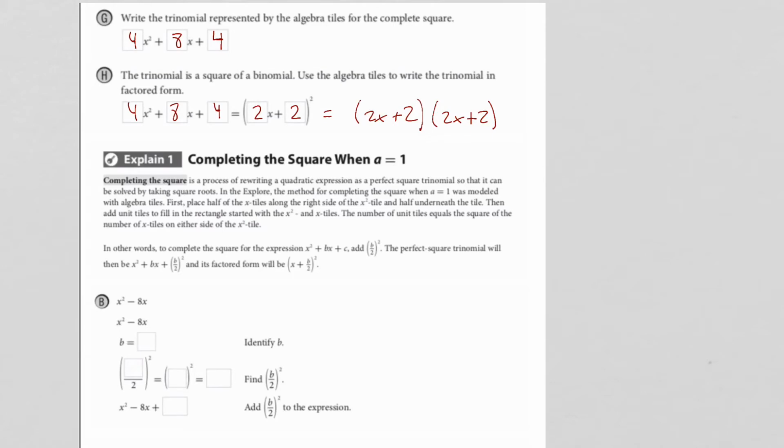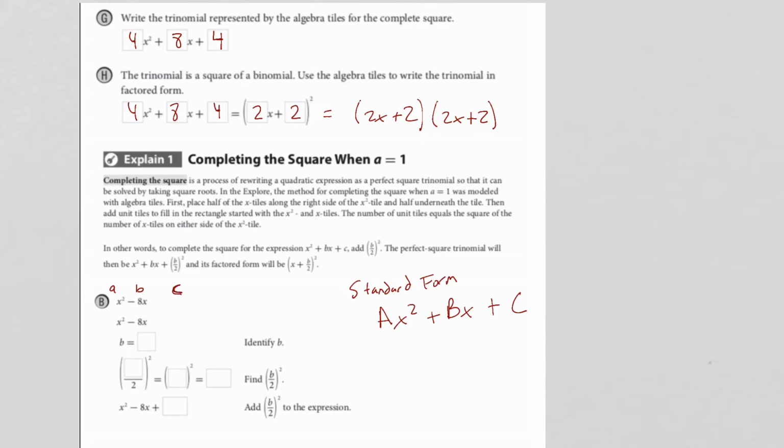So recall that the standard form of a quadratic is ax squared plus bx plus c. Here's a, here's b, and the c part is missing.